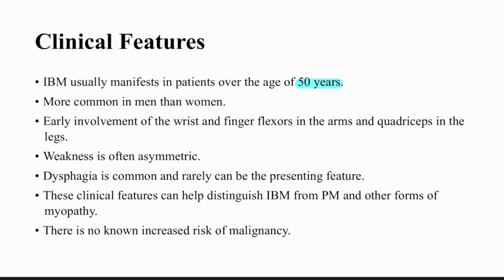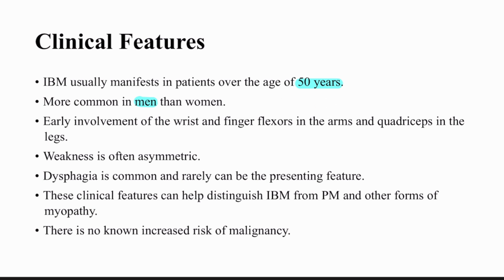Then it is more common in men, again a differentiating feature. In other myositis, the women are more commonly involved. The female to male ratio is 3 to 1. Females are 3 times more commonly involved.